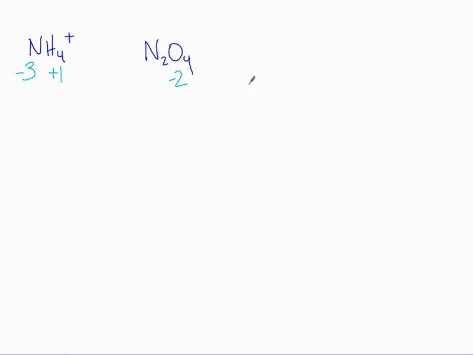So what we have is negative 8, and we want this to equal 0, which means we have to have a positive 8. With 2 nitrogens, that makes each nitrogen have plus 4 for an oxidation number.